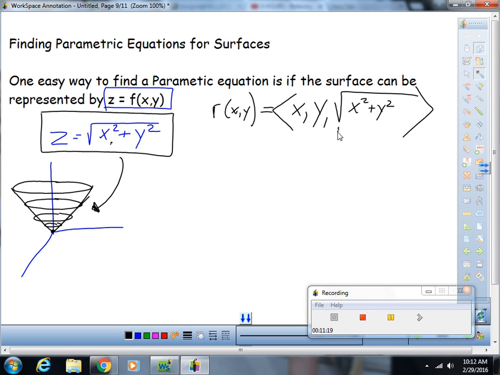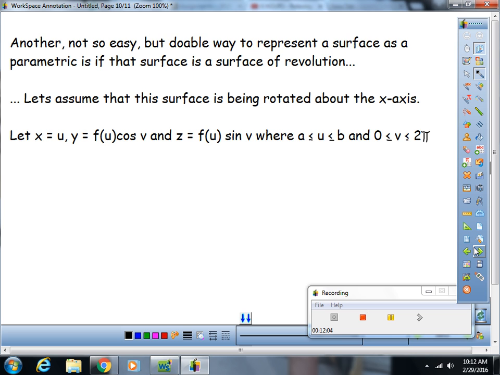But we can't do the surface integral if we haven't figured out a way to write our equation parametrically, and now these are parametric equations. The difference is they are parametric of two variables and not just one variable t. So that's just trying to help you understand what you're doing. I think we've got one more fact in this video, and then we'll come back tomorrow with another video.